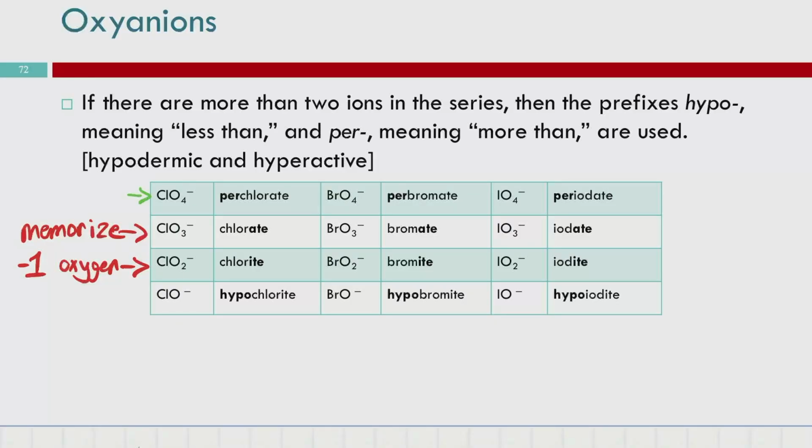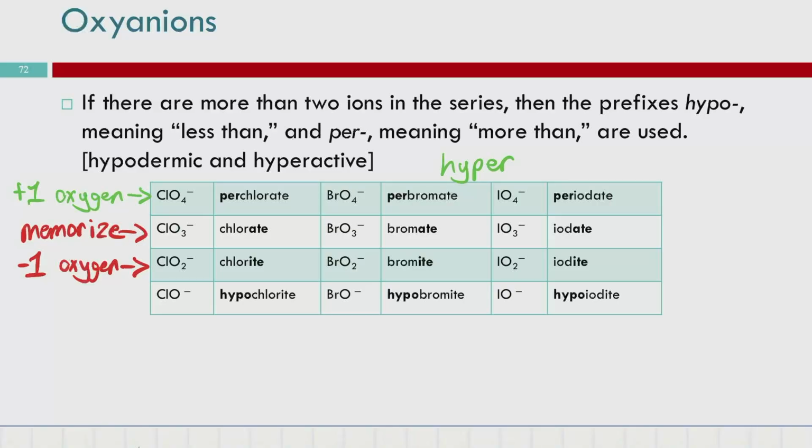So for adding 1 more, we add this per to the front, P-E-R, like in hyper. Like hyperactive, you're more active. Perchlorate, we've added 1 oxygen. Notice that we still have a 1 minus charge. The charge has not changed across our series.